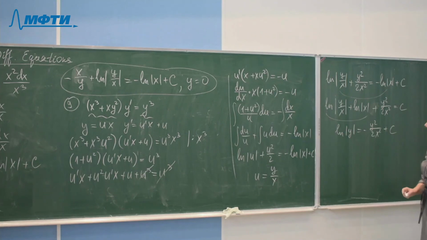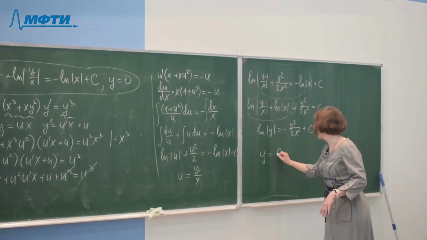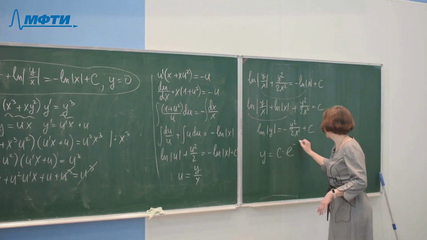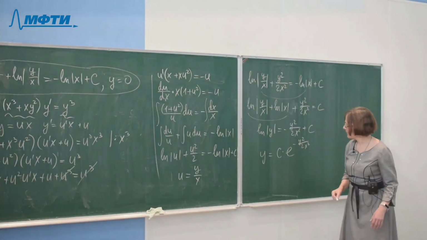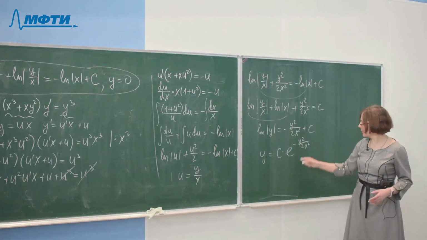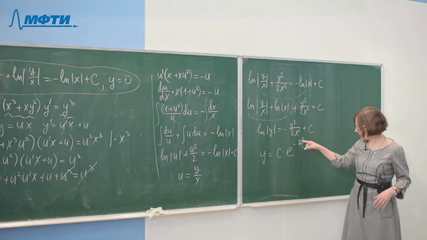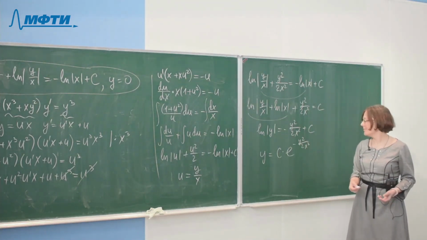I think it's better. Or maybe y equals c times e to the power minus y squared over 2x squared. But this is an implicit function, not explicit, because we can see y here, in the power of the exponent. Okay, so that's all.